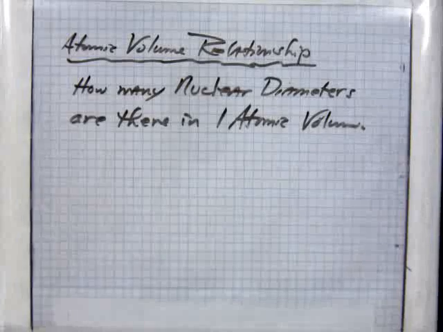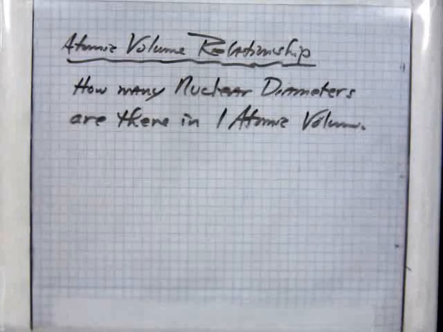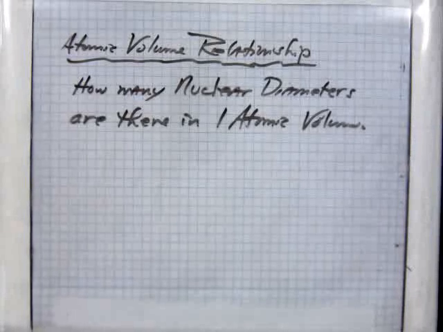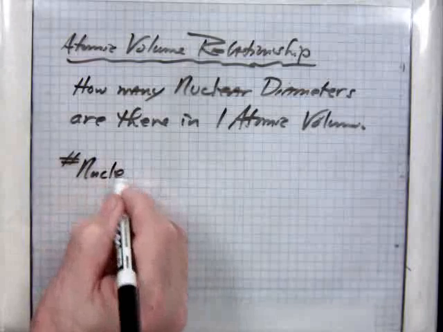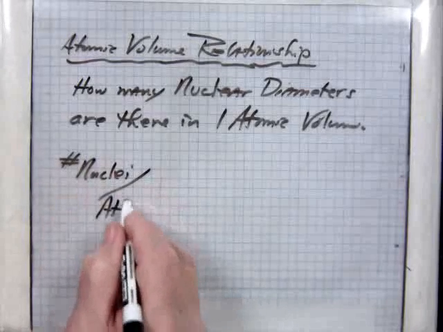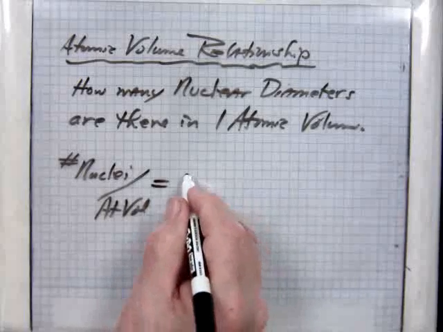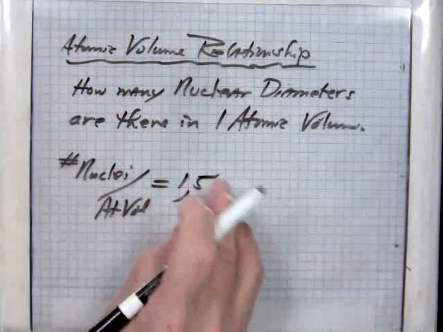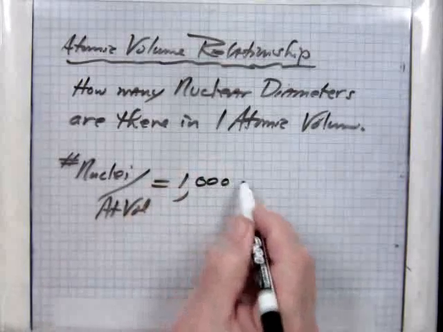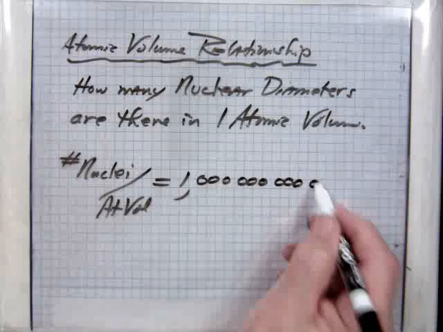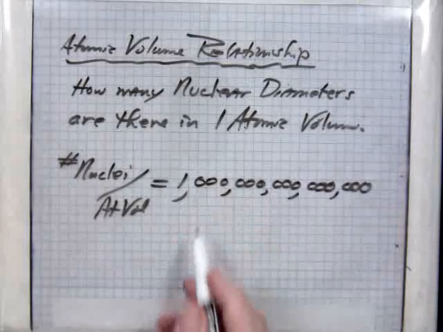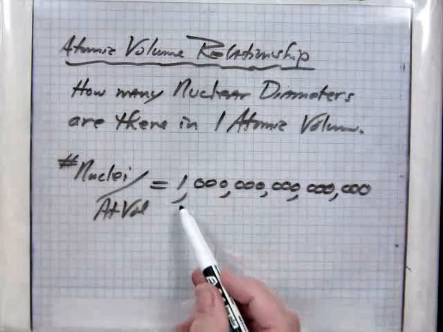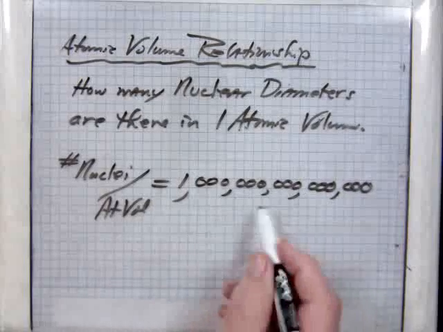Well, there are data where you can calculate the volume of the nucleus based on Rutherford's work and the volume of an atom, and then take the volume of the atom divided by the volume of the nucleus, and what you have is the number of nuclei per atomic volume turns out to be, let's see, one... That's 1,000 million.